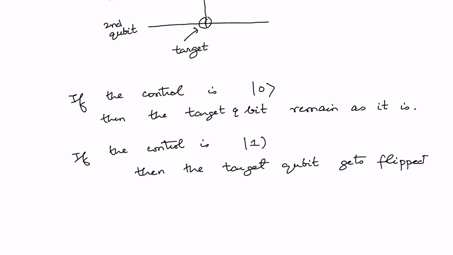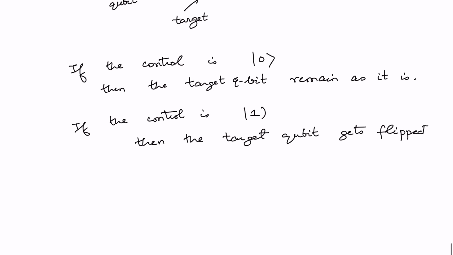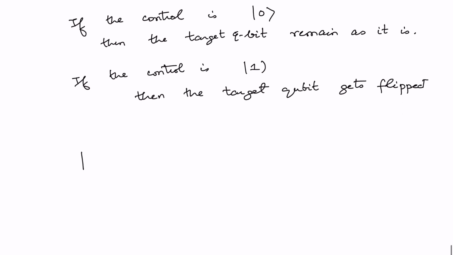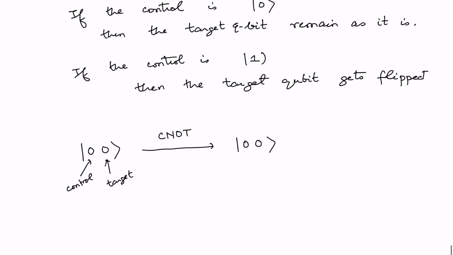Say at the first qubit you are putting 0, and in the second qubit, second line, you are putting 0. The first qubit refers to your control and the second one represents the target. Because of this CNOT operation, if the control is 0, then the target is going to remain as it is, so you get at the output simply 0 0.